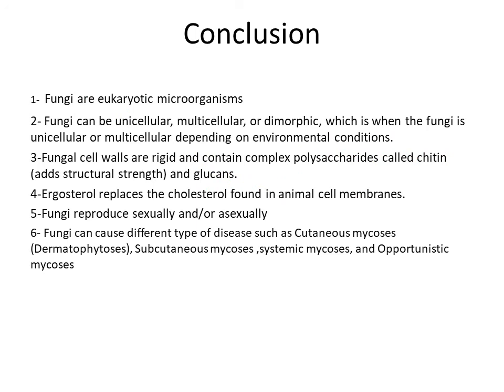In conclusion, first, fungi are eukaryotic microorganisms. Second, they can be unicellular, multicellular, or dimorphic, which is when the fungus is unicellular or multicellular depending on environmental conditions. Third, fungal cell walls are rigid and contain complex polysaccharides called chitin for structural strength, and glucans.